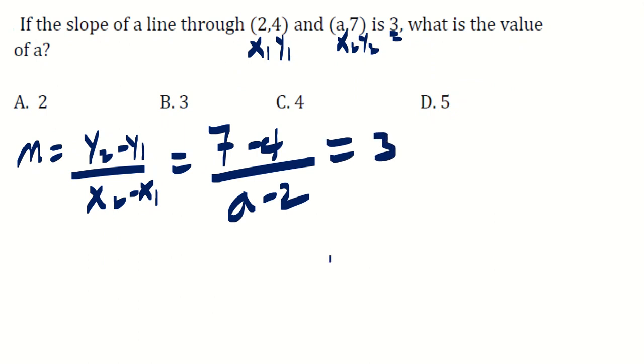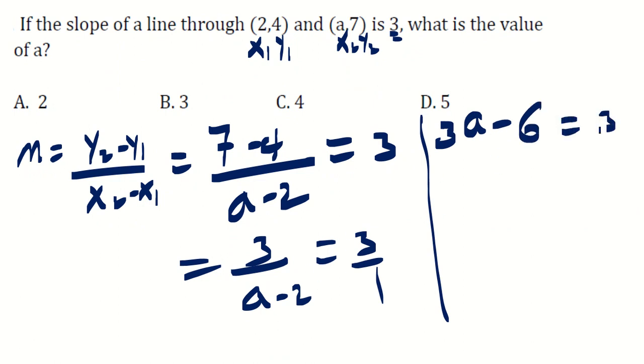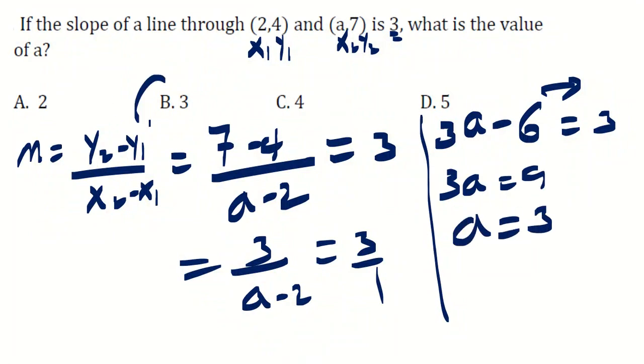The slope is given already, equal to 3. So 7 minus 4 will be 3 over a minus 2 is equal to 3. Then crisscross. When you multiply 3 times a will be 3a minus 3 times 2 will be 6 is equal to 3. 6 shifted, so 3a is equal to 9, then divide by 3 both sides, so the a value will be 3. So the answer will be B.